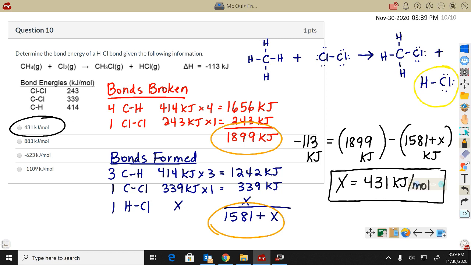I've got it set up and I'm going to solve for X. And the only way we can do this is that they gave us the overall delta H. So then I know that these 2 quantities should compare for a net release of 113 kilojoules. So now I just got to do a little bit of algebra, and my bond energy should end up being 431 kilojoules. And bond energy is defined as energy required to break the bond, so it should always come out to be a positive value.